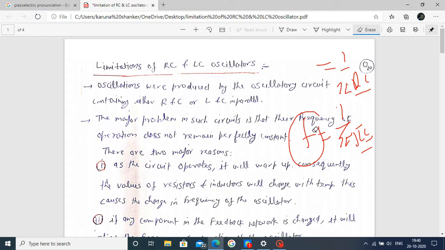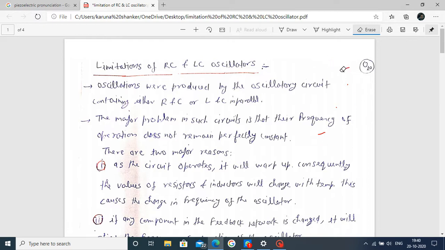The value of your RC and LC depends on the temperature. If the temperature changes, the oscillation frequency changes.